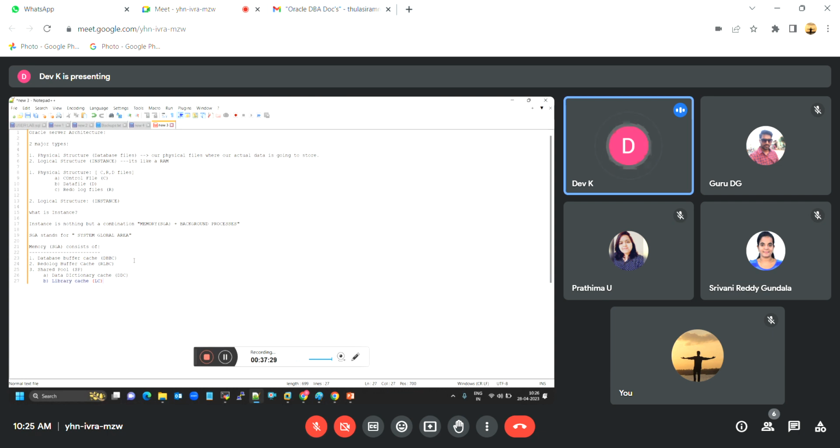These are the memory components in our instance, in our logical structure. These are mandatory components, and we have additional memory components also.